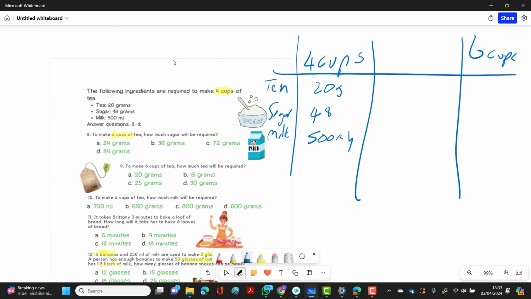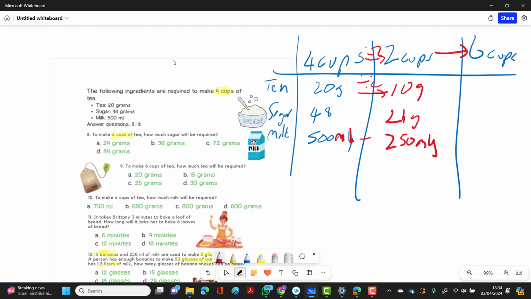Well, we can't do 6 straight away, so do 2 cups. 2 cups means everything's half. So it's 10 grams, 24 grams, so this is divide by 2, and 500 milliliters becomes 250 milliliters.